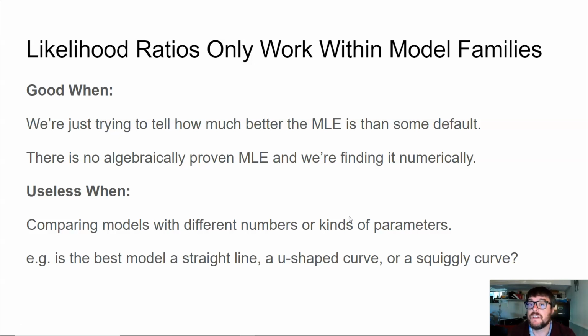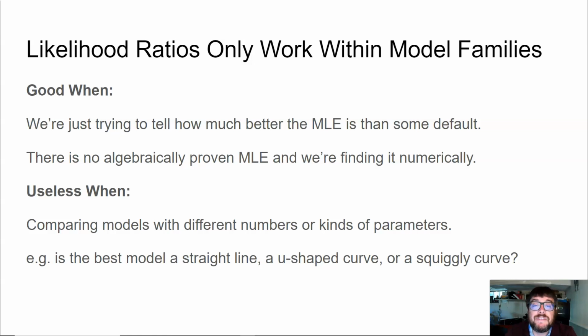You can use likelihood ratios to get close to that with some numerical tool where you estimate the parameters, compute a likelihood, then tweak the parameters, compute a new likelihood, and keep doing that until the likelihood ratio doesn't improve much, and then you'd be good.